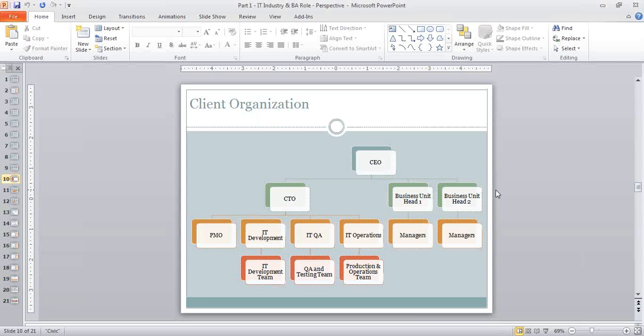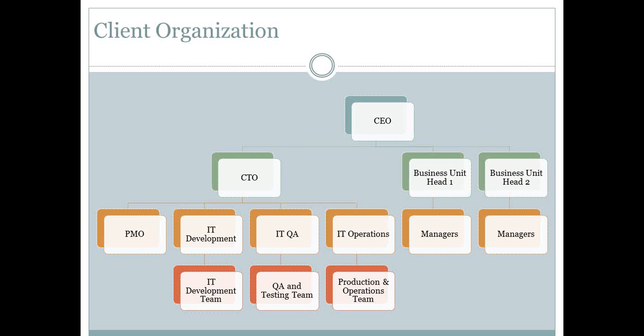So let me explain how a typical IT org structure would be in a client's team. Because you have some work experience, maybe you're clear on this to an extent, but it will be more like a refresher for you. Usually the IT side of the client's team is divided into three main units: development, QA, and then ops.